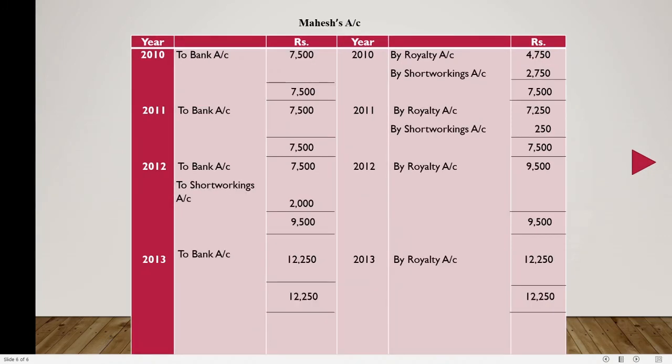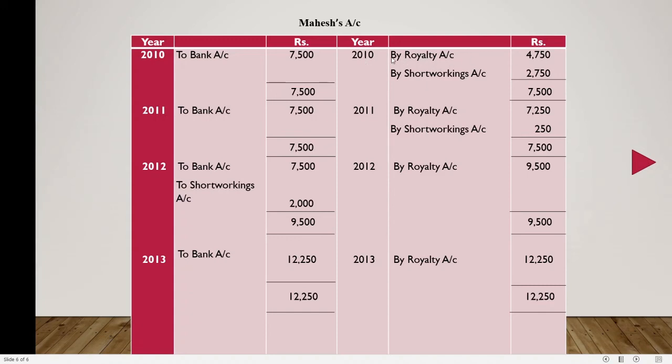Next, we have to prepare Mahesh account, lessors account, in the books of lessee. For royalty due, the entry is royalty account debtor, short workings account debtor to lessors account.